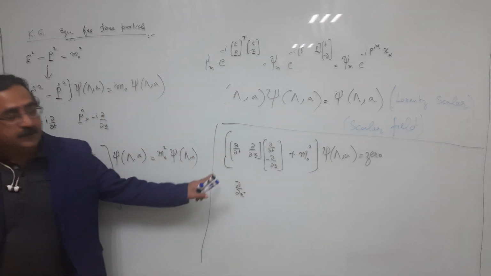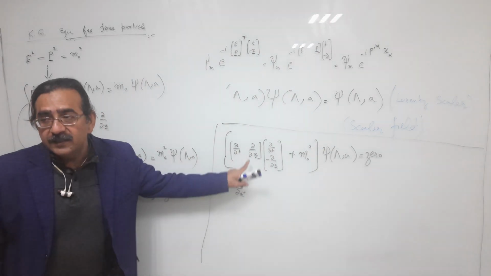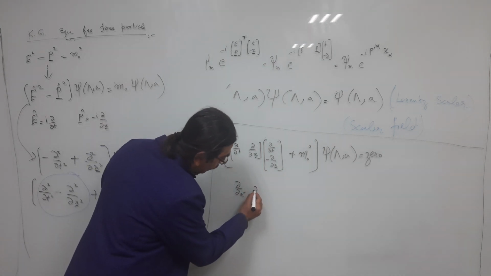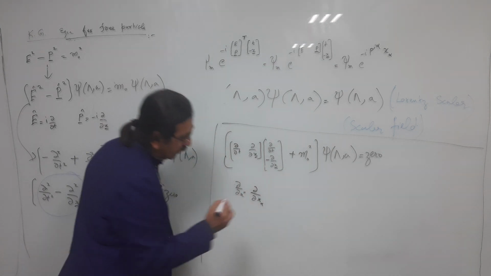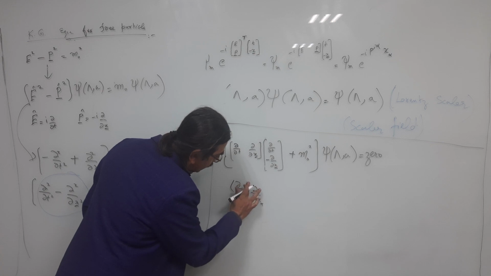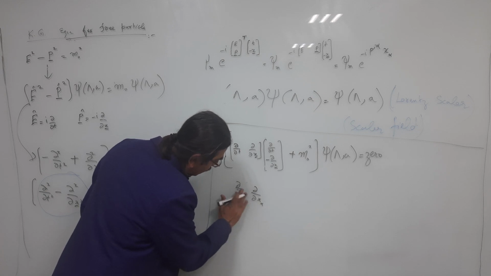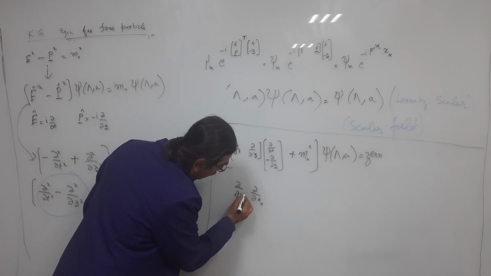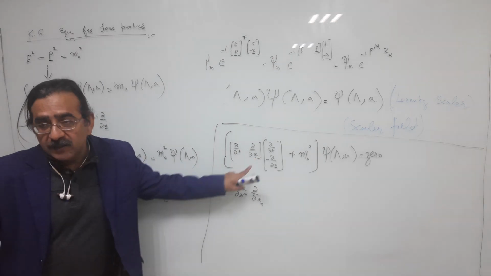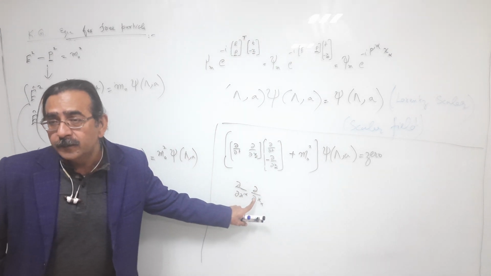Now we take it in contravariant form. x0 is t, x1 to x3 are the spatial components. Both are positive, this is contravariant. One is positive and one is negative, this is covariant.